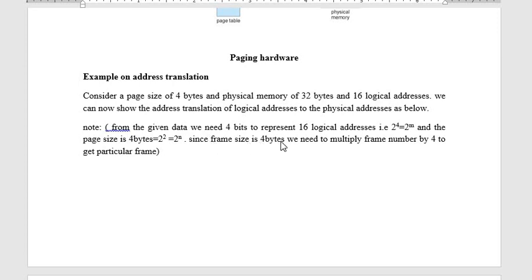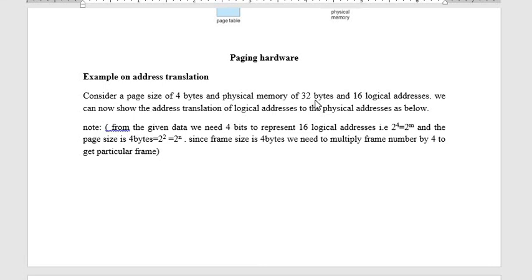Since the frame size is 4 bytes, we need to multiply the frame number by 4 to get the particular frame. They have not said the frame size is 4 bytes, but we still need to calculate what the frame size must be. Here they have said physical memory is 32 bytes, right?